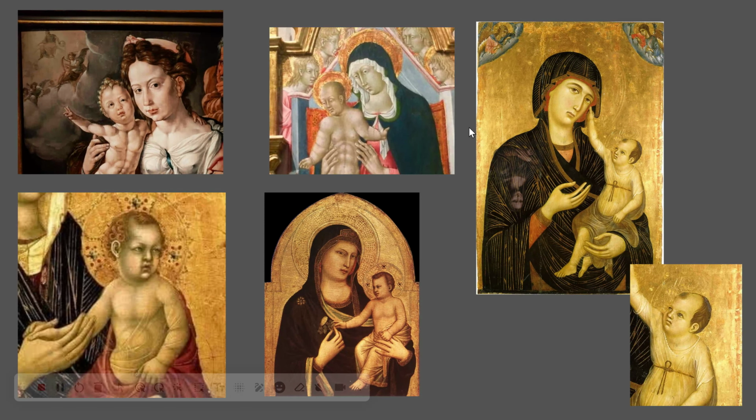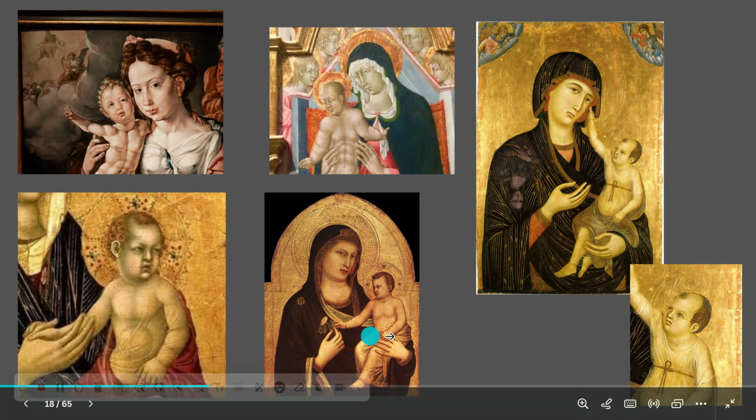To answer the question I just asked, these babies are pretty much just shrunken down men, especially this little guy over here. He has the full anatomy of a grown man, but with a little baby face attached. Same with all of these.